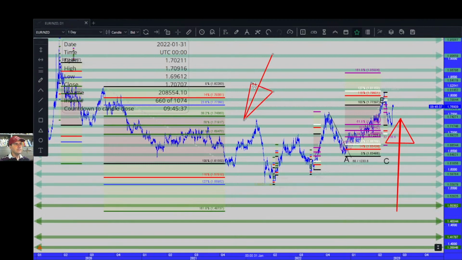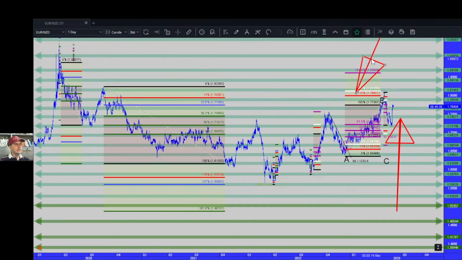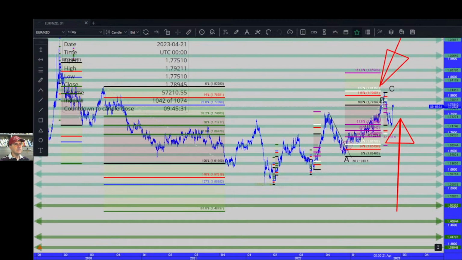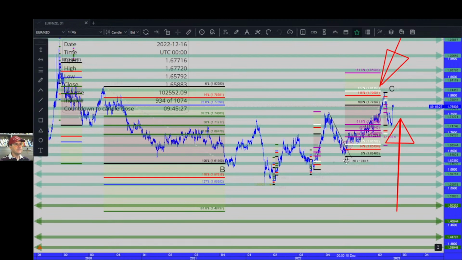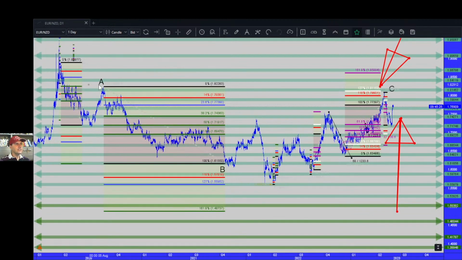By the way, the original Fibonacci has a confirmed C, right? The original Fibonacci, this is the B, this is the A. Between the original Fibonacci going down and the contrarian Fibonacci pointing up, one is going to win.